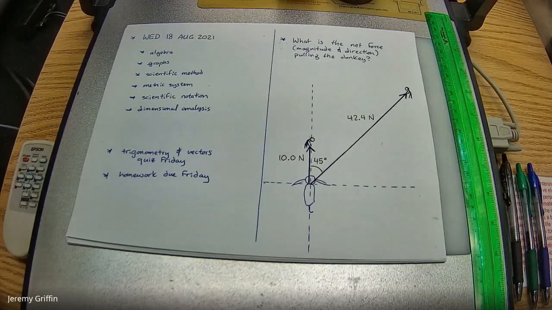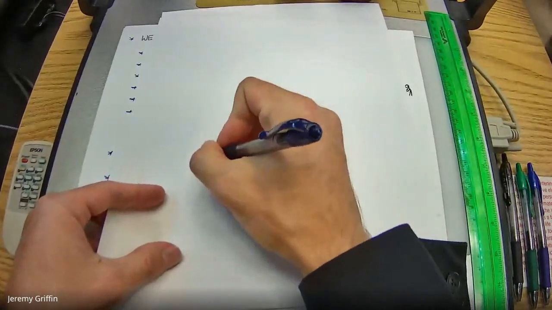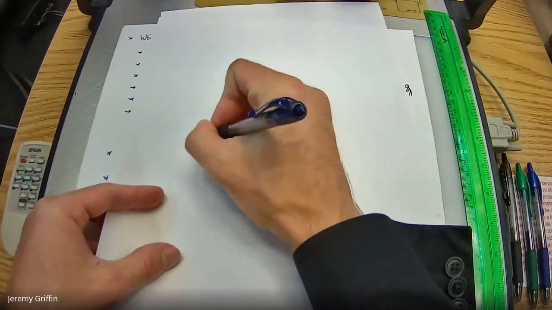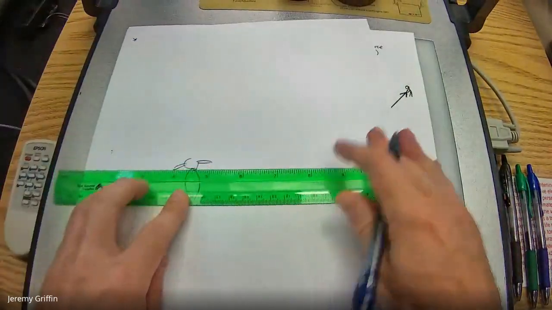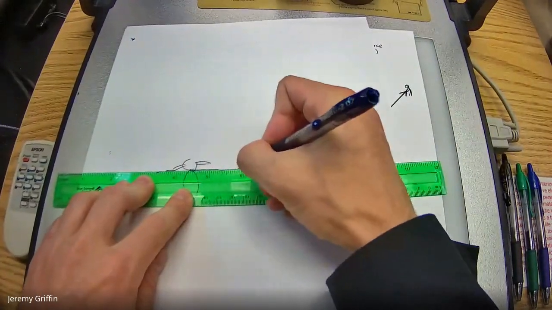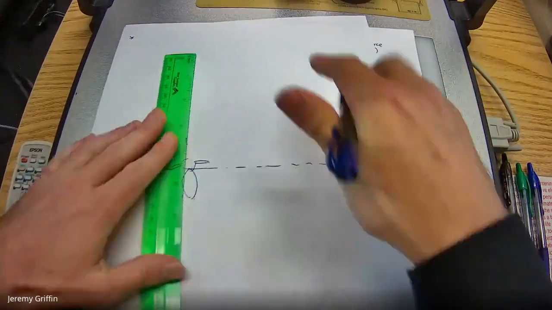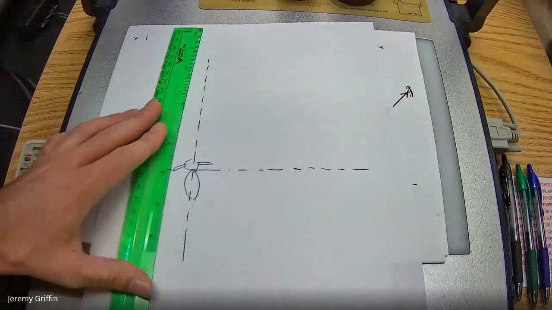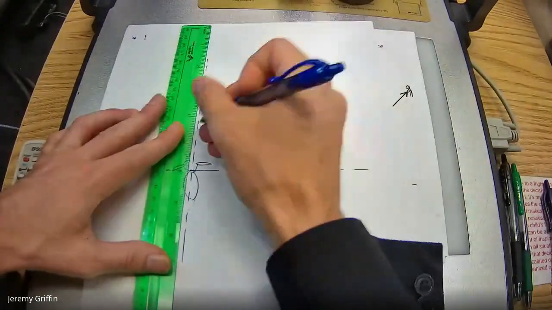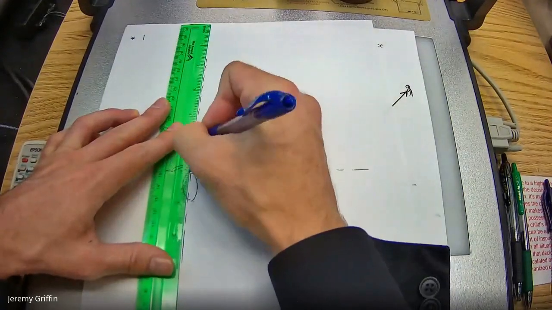All right. I'm going to take you guys through the process that Sam has down cold. So redraw this donkey, with his little floppy donkey ears. Get a Cartesian grid going. Here's the east-west axis. Here's the north-south axis. And remember, one guy's pulling with 10 newtons of force.